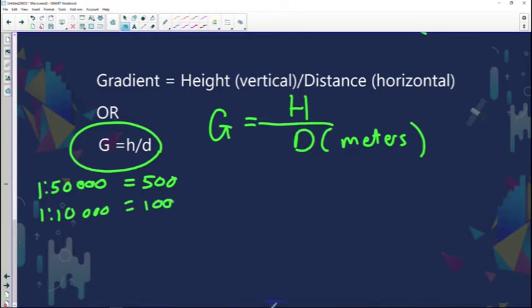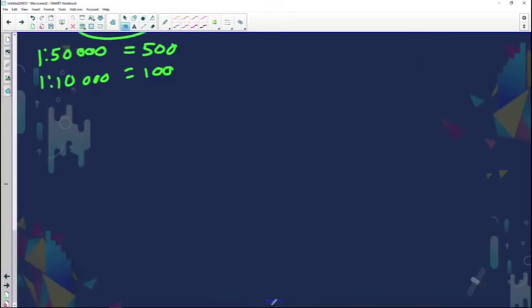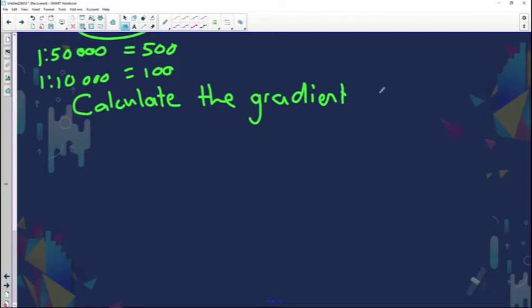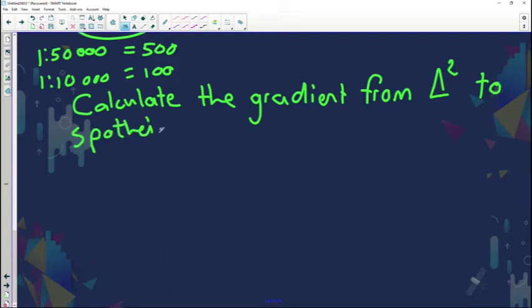Now let's quickly look at an example. Let's say, for instance, I ask you, calculate the gradient from tree beacon number 2 to spot height 1,400.